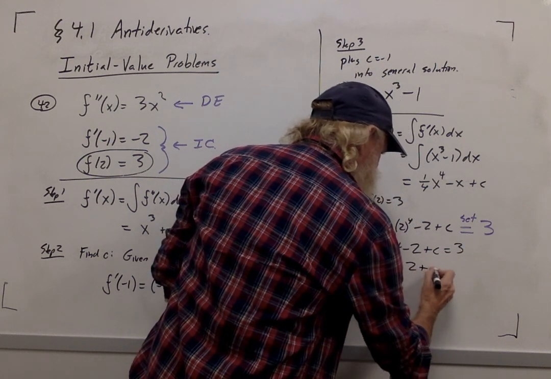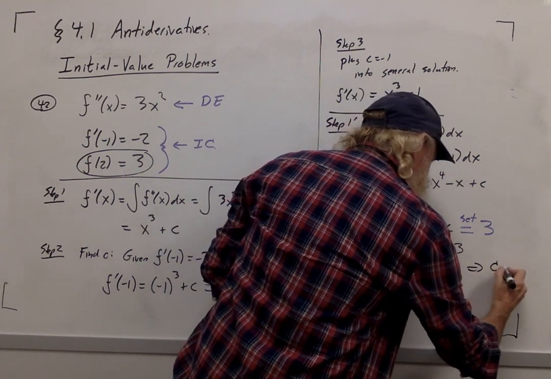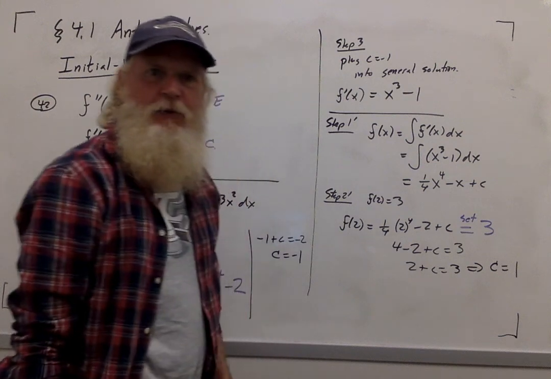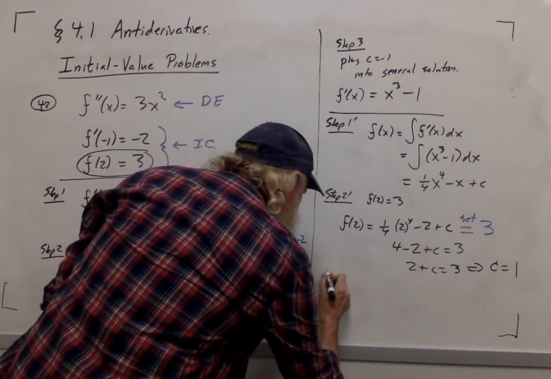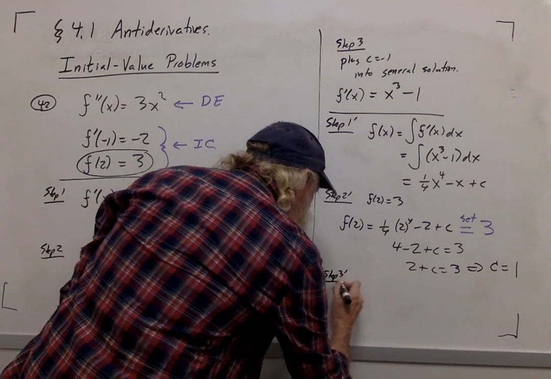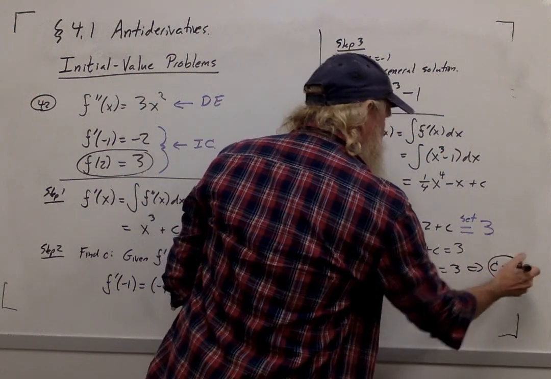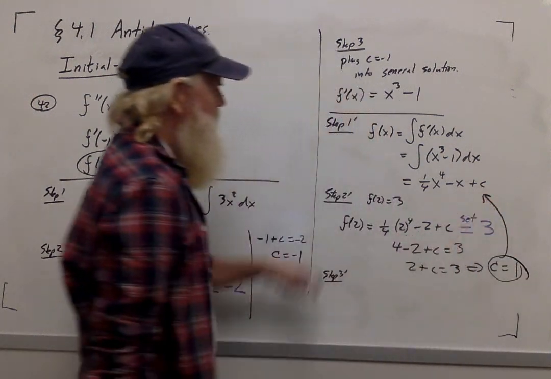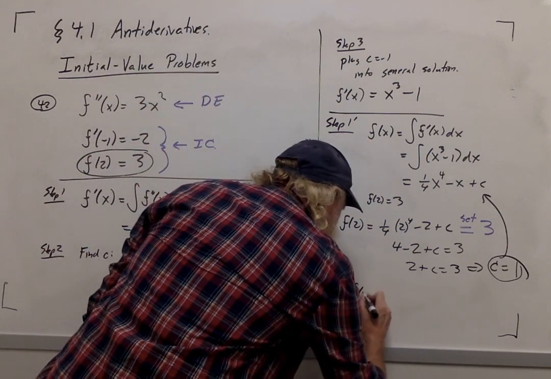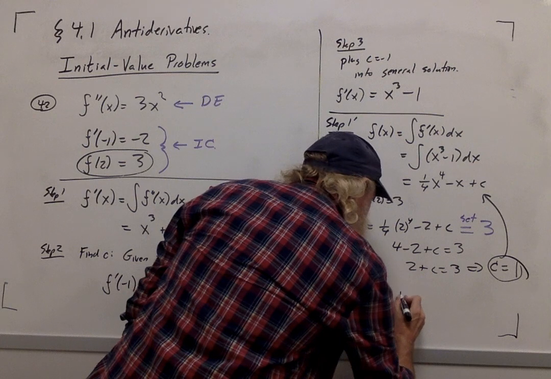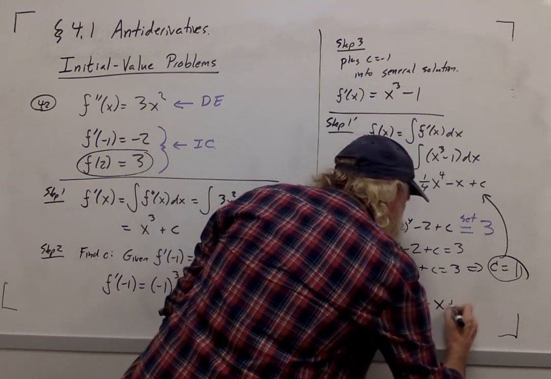So 2 plus c is 3. So that tells me that c is equal to +1 this time around. And then finally, last step, I take this c equals 1 and I plug it back into my expression for f. F of x is 1/4 x to the 4th minus x plus 1.